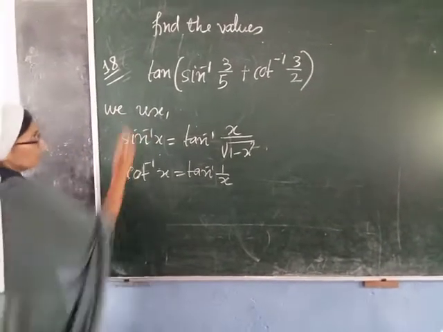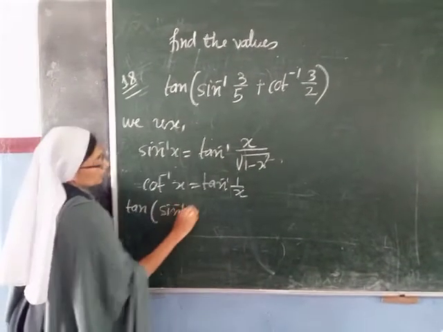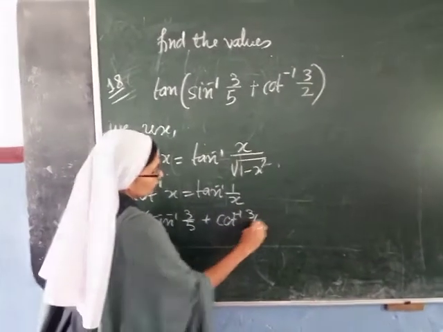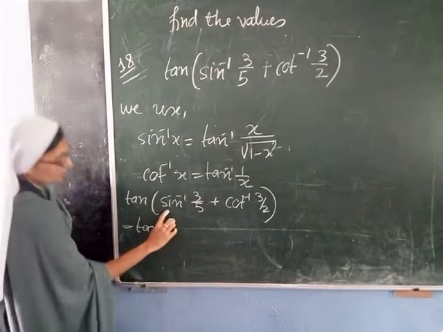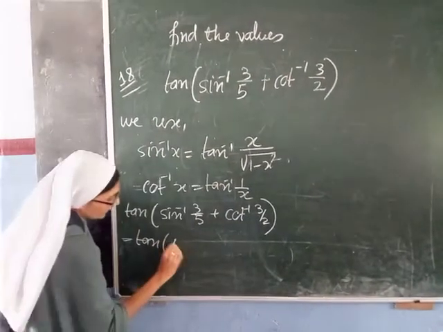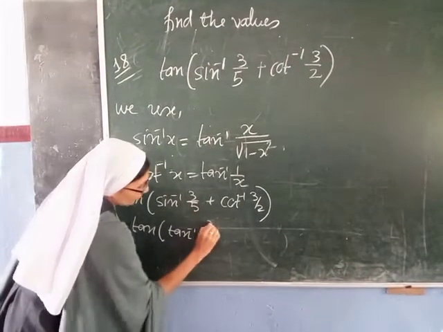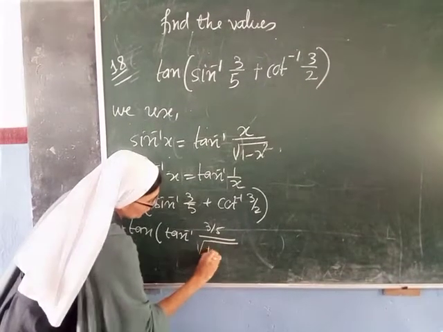Okay, so let's start. So I'll write tan of sin inverse 3 by 5 plus cot inverse 3 by 2. Let us use the formula and convert it. So sin inverse x is equal to tan inverse, so I write tan inverse, this is my x, so 3 by 5 divided by square root of 1 minus x square.